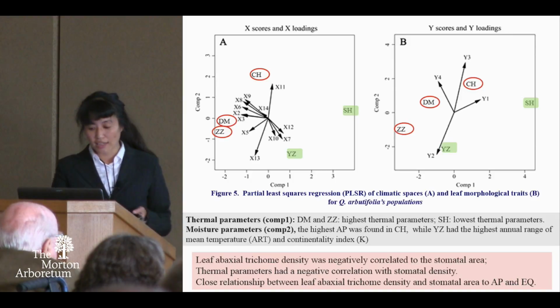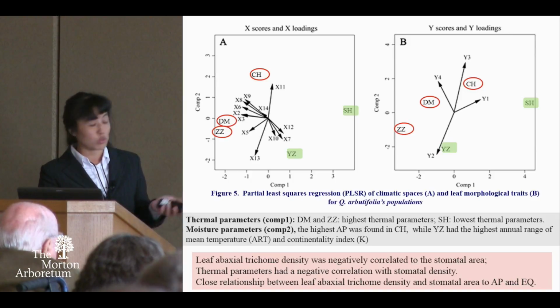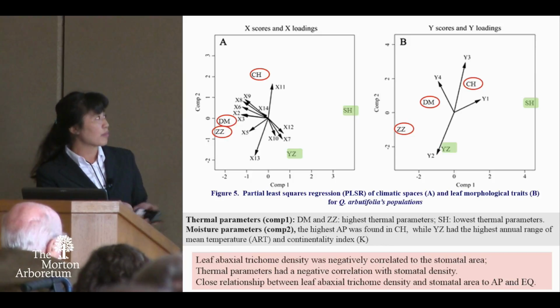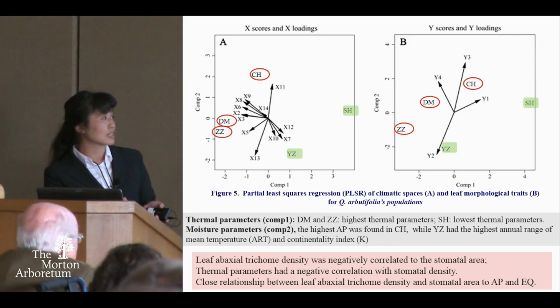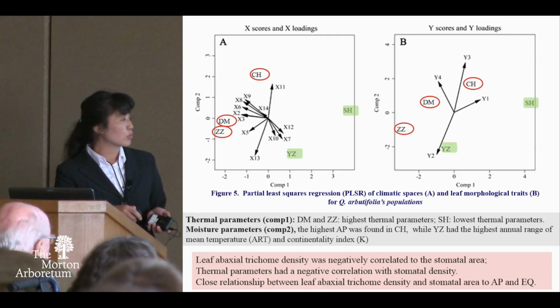And Yizhang has the highest annual range of temperature, so the habitats are not exactly the same, very diversified.